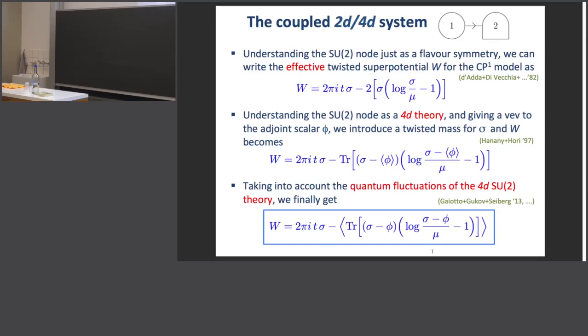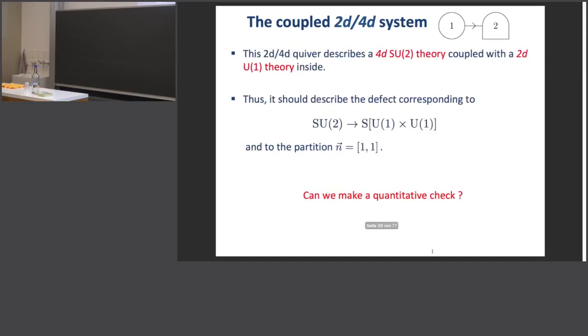So this is the effective superpotential, which describes in a non-trivial way the coupling of these two-dimensional degrees of freedom with an SU2 four-dimensional gauge theory, fully quantum. So this, if we are describing the same surface defect as before, should correspond to what I before was describing in this other language by breaking SU2 into SU1 cross U1 by partitioning the SU2 into two separate groups.